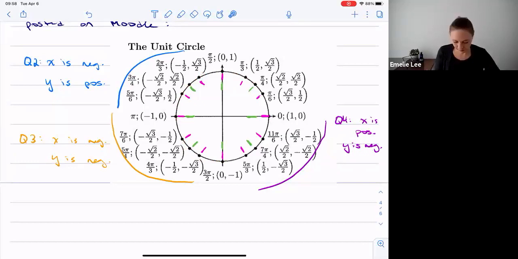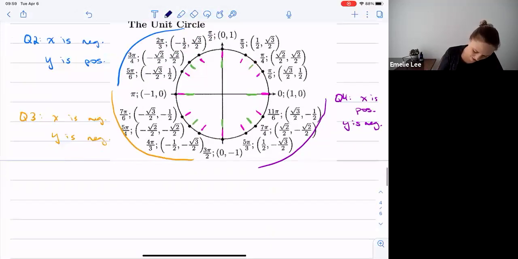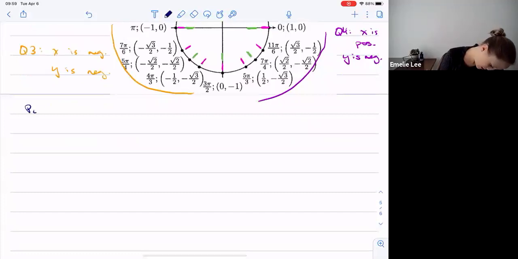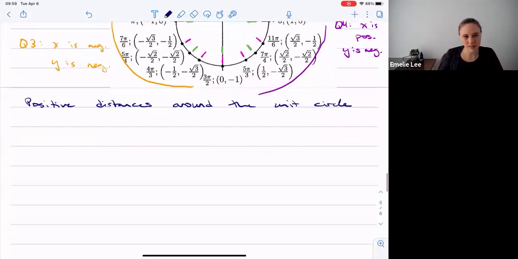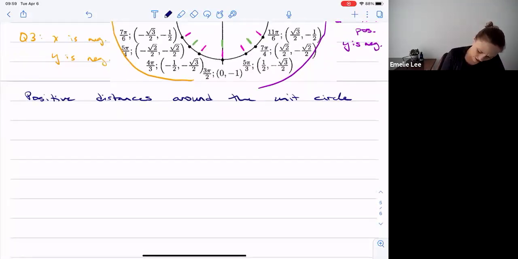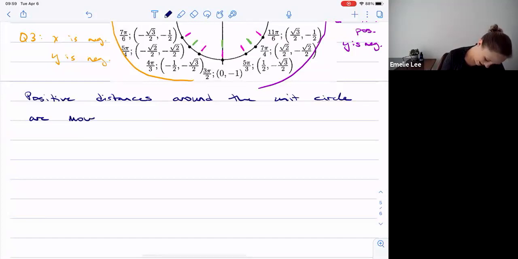So positive distances around the unit circle are moving counterclockwise.